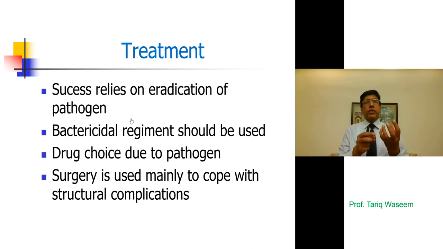So the bacteria are residing in some kind of a walled off or fortified type of vegetation, and from there they keep on showering these bacteria into circulation, and this is the continuous bacteremia.